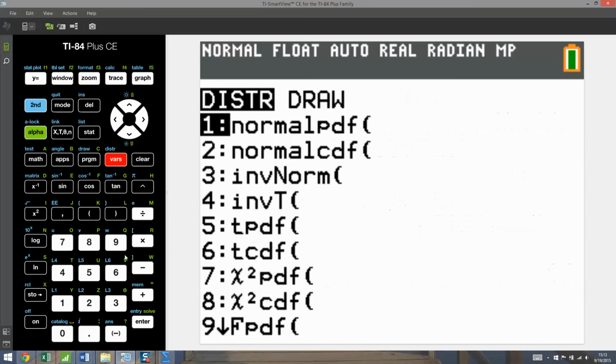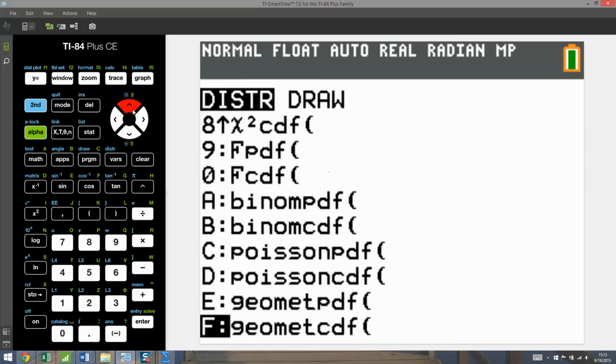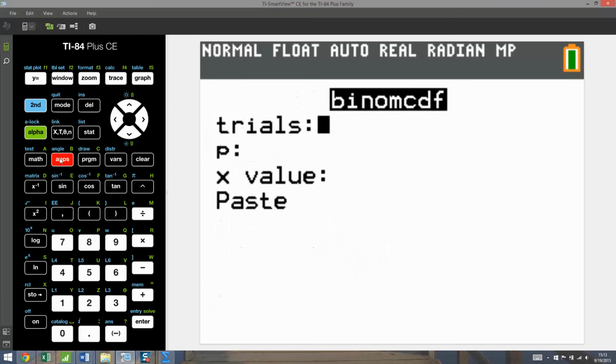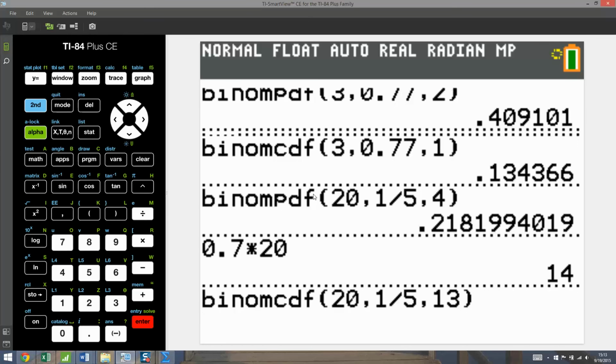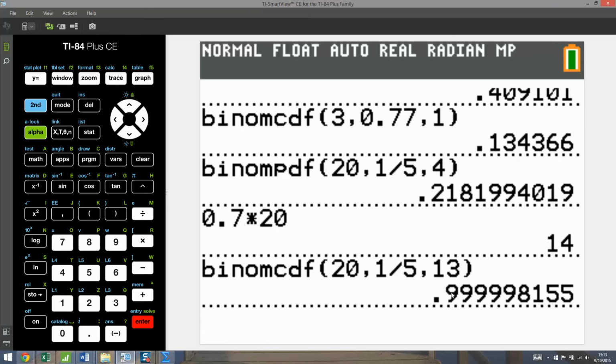Binom CDF, so letter B, alpha B, it's 20, 0.2, or if you like, you can just type 1 divided by 5. It'll figure it out. And then x value is 13, because I want it to start at 0 and add all the way up to 13. And I get 0.9999998. Wow, that's a lot of decimal places.